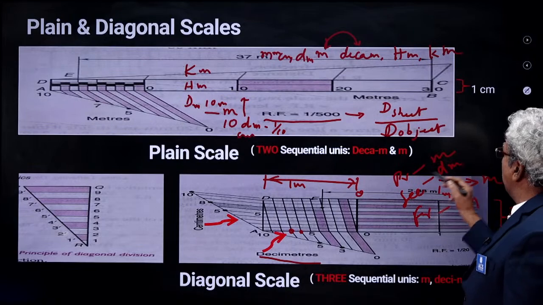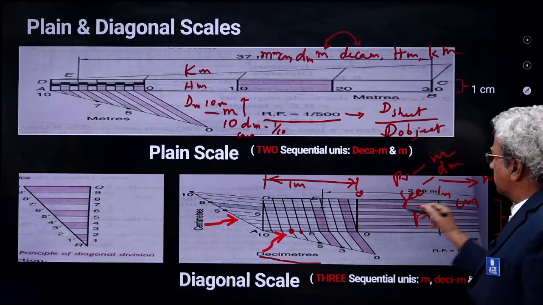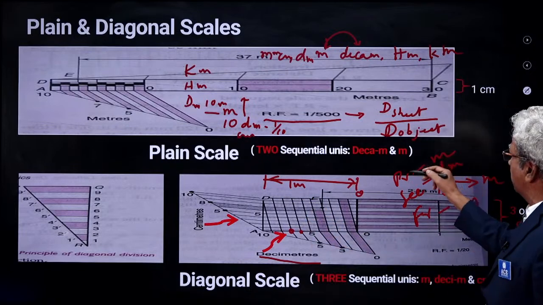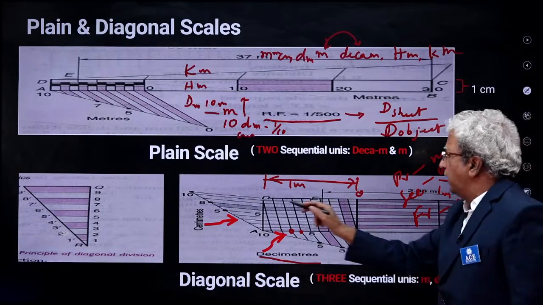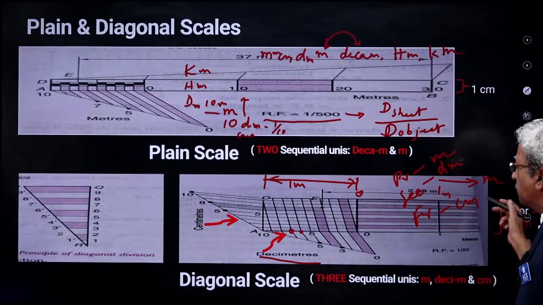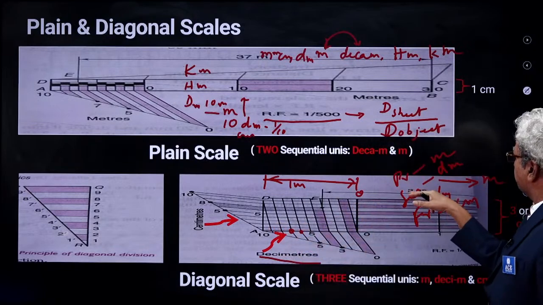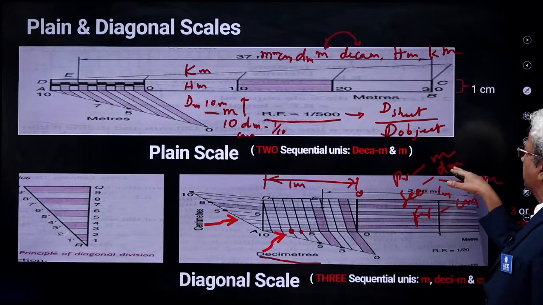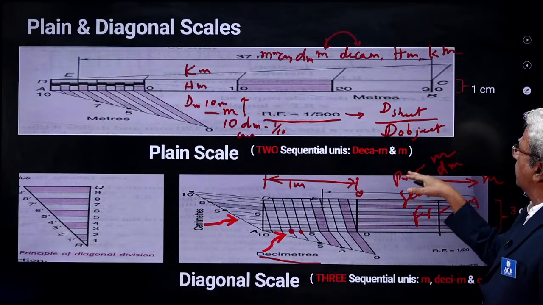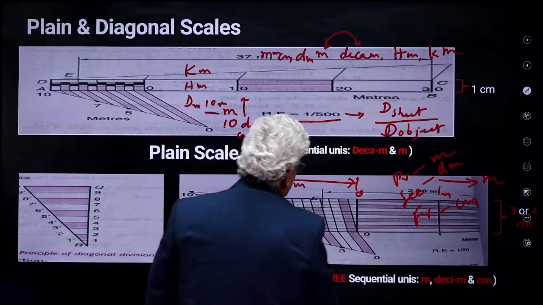So in the box, the main scale length is divided into the required number of primary units. After marking the primary units, you take the first unit and divide it into the number of secondary units. The secondary unit is decimeter. How many decimeters make 1 meter? 10. Therefore, you divide it into 10 parts.